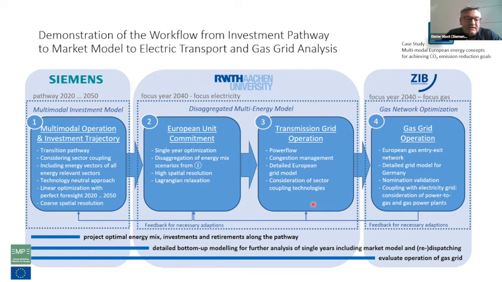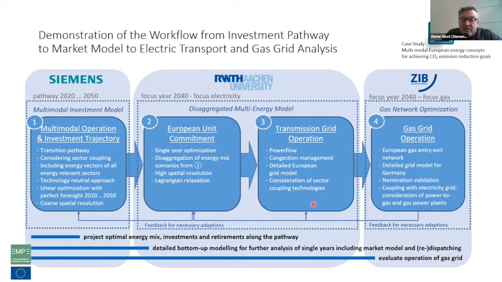We've done this with a linear optimization with perfect foresight, and this is very large, and we have some computational problems here. So we have a coarse spatial resolution. We've modeled the whole of Europe, but on a country level. Then we have disaggregated it to a multi-energy model from RWTH Aachen.